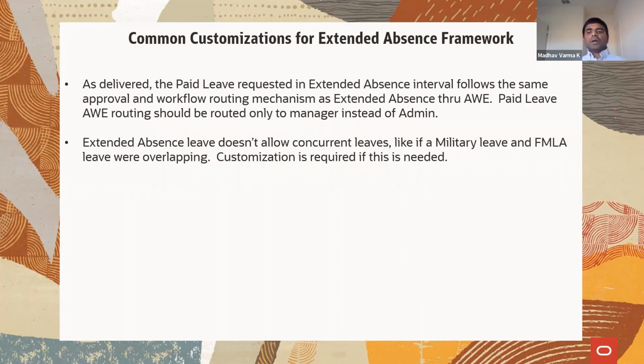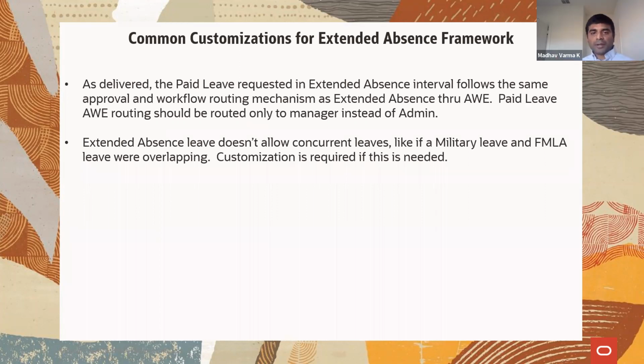Yeah, so concurrent leaves, right? FMLA doesn't support concurrent leaves. So let's say you request an FMLA in a window, from 1st Jan to 10 Jan, and you also request a military leave from 1st Jan to 10 Jan. The rules will not understand which one to take. The delivered system does not have that capability of concurrent leaves.